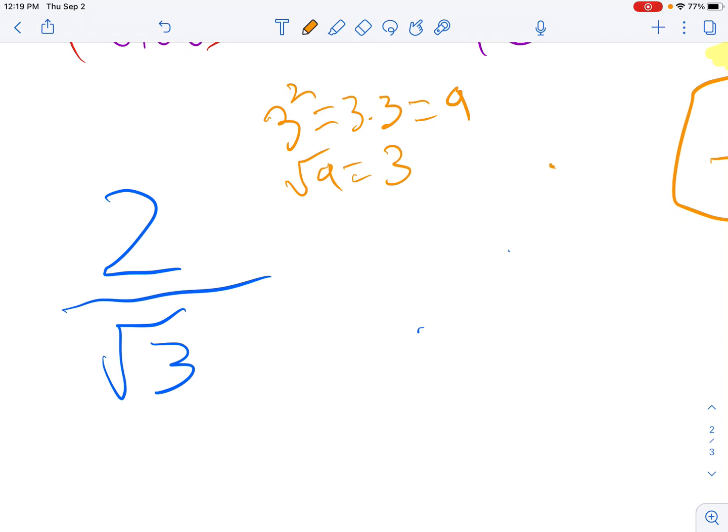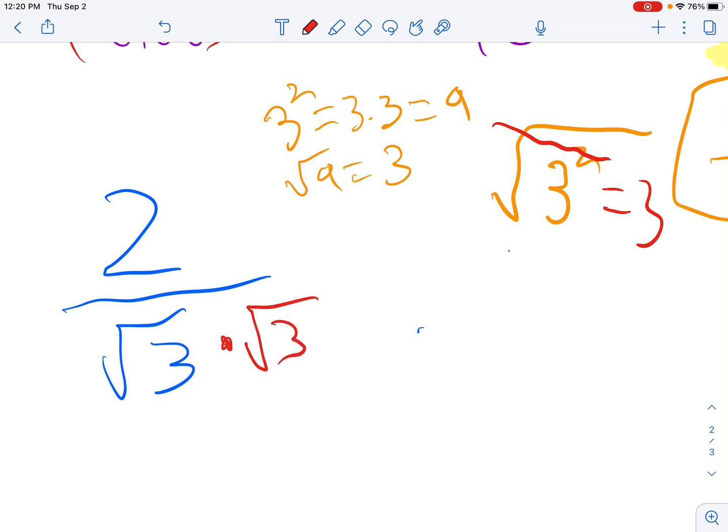If I have 3 and I square it, but then I take the square root of it, it cancels out, and I'm left with just 3. So we're going to use that idea to move this radical sign from the denominator to the numerator, from the bottom to the top. So I'm going to multiply it by the square root of 3.